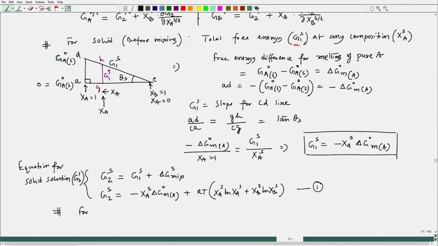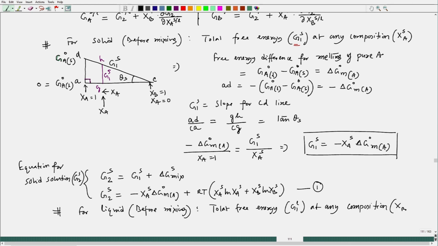Now for liquid, unmixed before mixing, if I try to find the total free energy G1 liquid at any composition, here I will be doing it with respect to B, and this would be liquid.